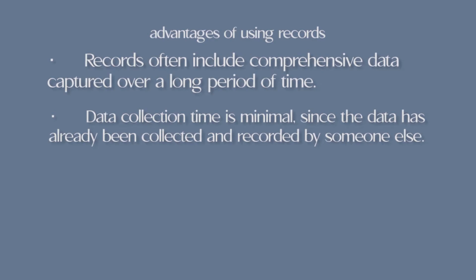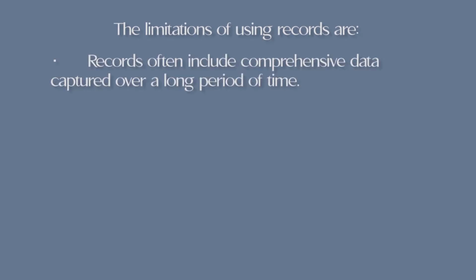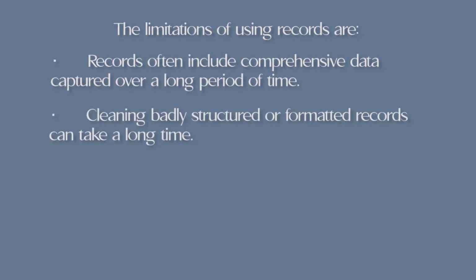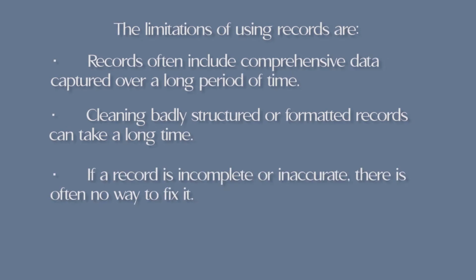For its limitations, records often only provide numerical data, not the reason or the cause behind those data. Cleaning badly structured or formatted records can take a long time. And lastly, if a record is incomplete or inaccurate, there is usually no way to fix it.